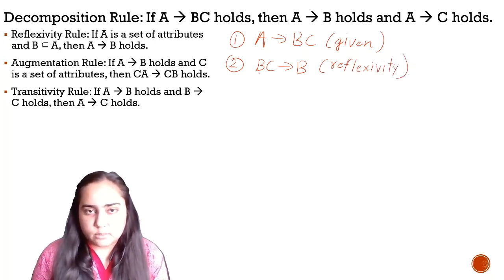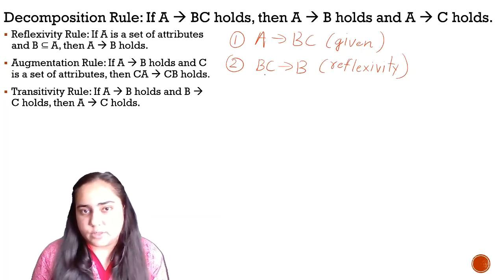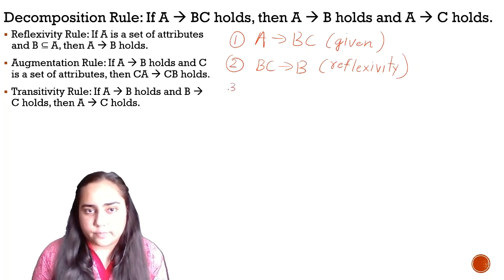Because reflexivity can be applied anywhere. I could just make up my own dependency and say A determines A, because that's true. And so also BC determines B, because it doesn't matter that there's an extra attribute C which is not appearing on the right side. As long as there is B on left and B on right, I can make my own dependency whenever I want using reflexivity rule.